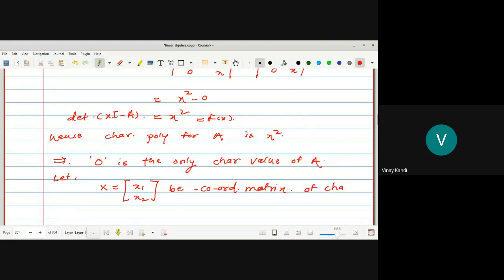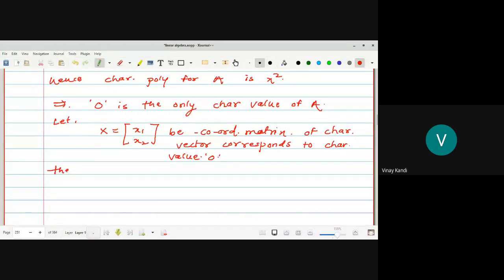This is the characteristic vector corresponding to characteristic value 0.